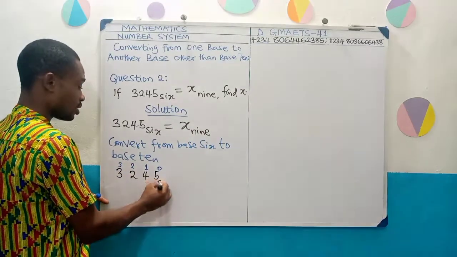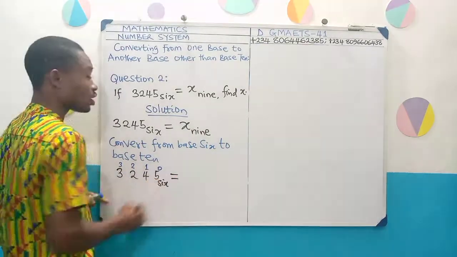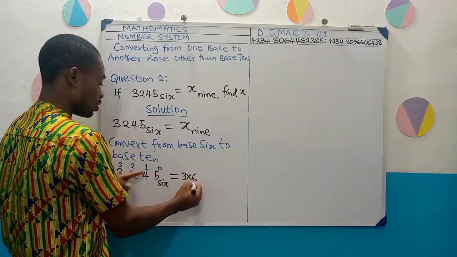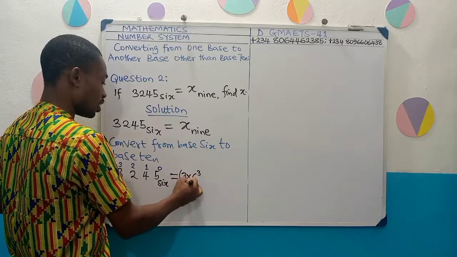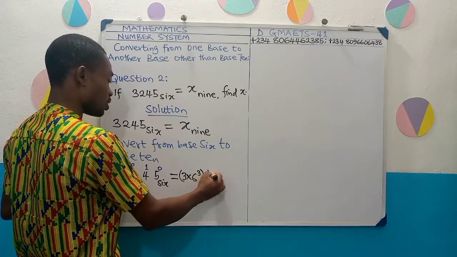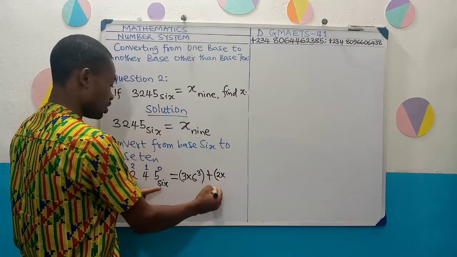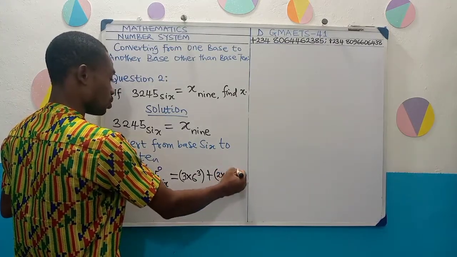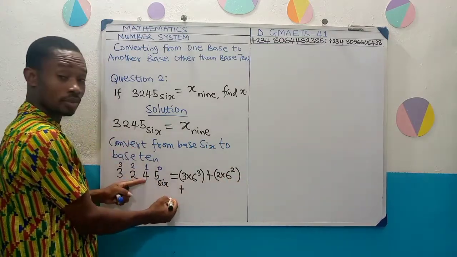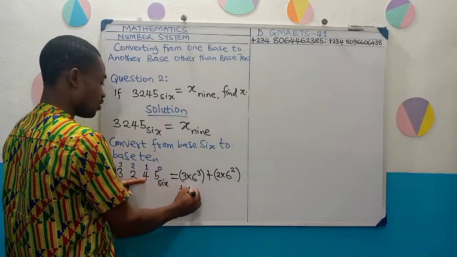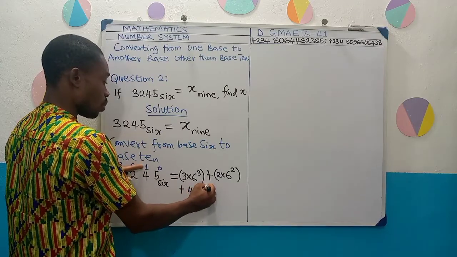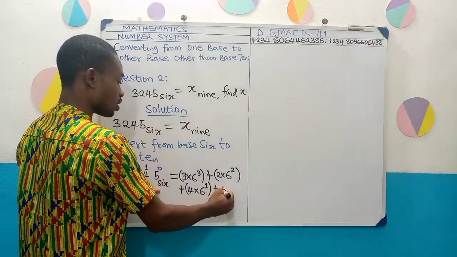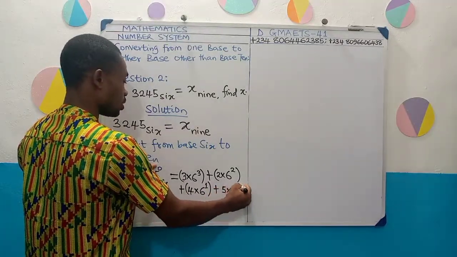Then this is in base 6, so we have 3 times 6 to the power of 3, plus 2 times 6 to the power of 2, plus 4 times 6 to the power of 1, and the last is plus 5 times 6 to the power of 0.